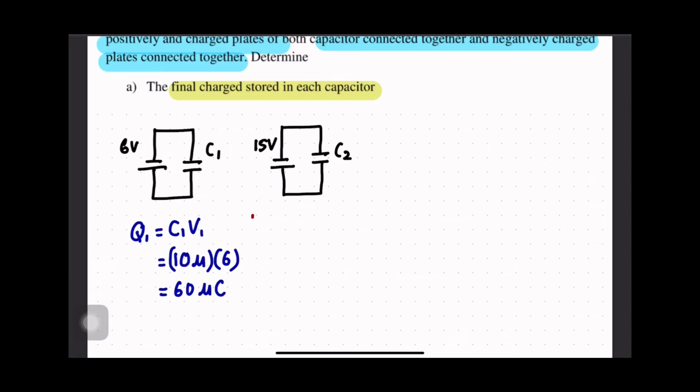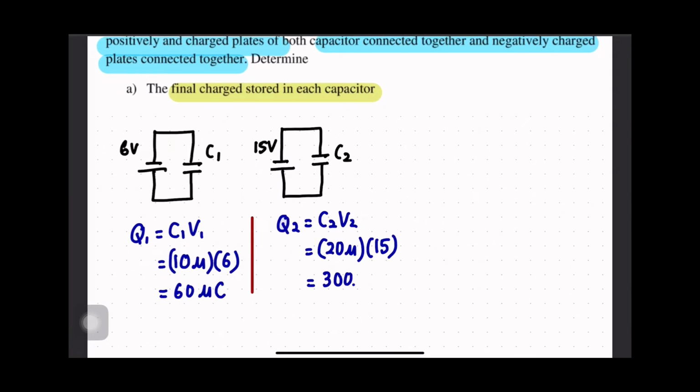For C2, Q2 is equal to C2V2, where C2 is 20 micro and V2 is 15. So the charge inside C2 is 300 microcoulomb.